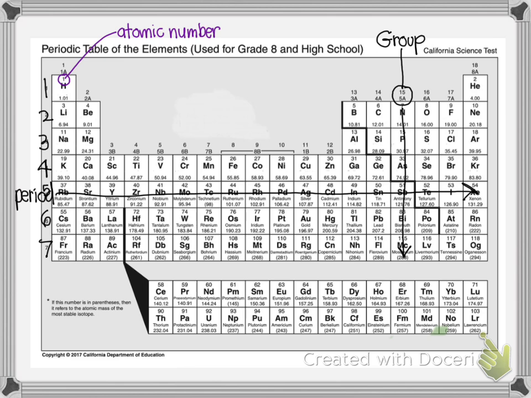Now we also can label the large areas of the periodic table. So the tall columns, they're all the ones that have the letter A behind their number. These are all called the representative elements.